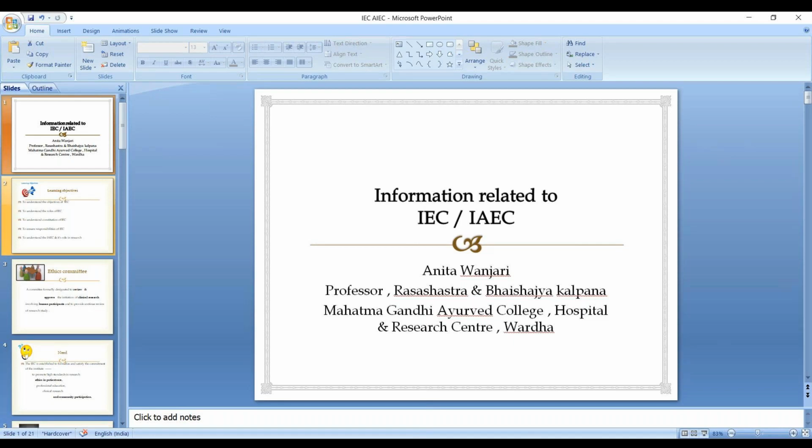She has done her postgraduate in Rasashastra and Bhaishajya Kalpana from GAC Nagpur. Her name has appeared in national and international periodicals. She has given talks at international, national, and regional conferences and earned accolades at a global, national, and regional level. She has 2 patents and 9 copyrights.